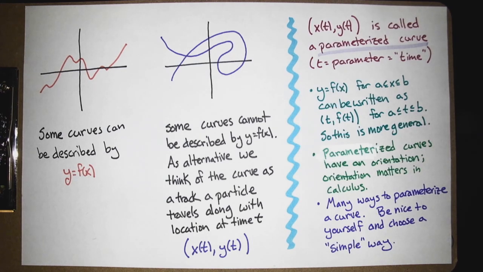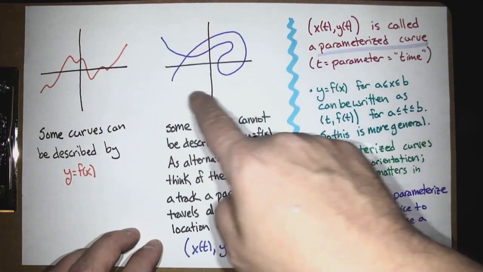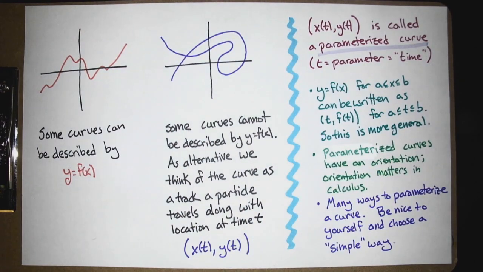Now, I claim that there is no way to write this as y as a function of x. Why not? Because we can't normally have more y's than x's you put in. Definition of function, one y corresponds to one x.